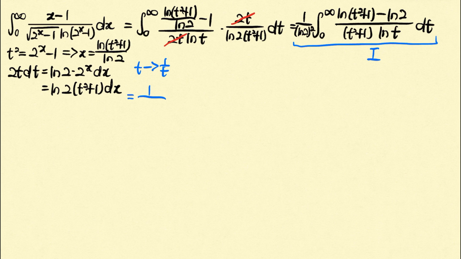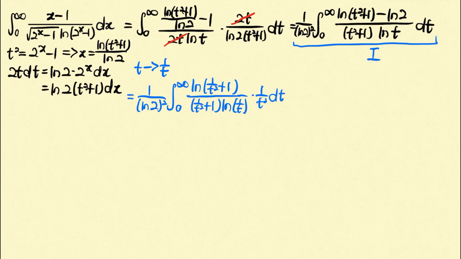After doing this substitution, 1 over the square of natural log of 2 remains the same, and in the integral from 0 to infinity we replace all the t's by 1 over t, so we have 1 over (t squared plus 1) natural log of 1 over t, and then dt will be 1 over t squared dt. Note that there should be a negative sign, which has been used to flip the bounds of integration.